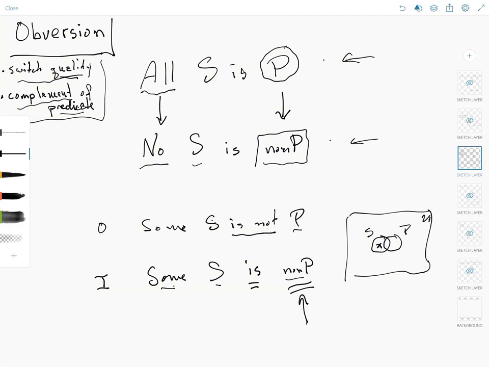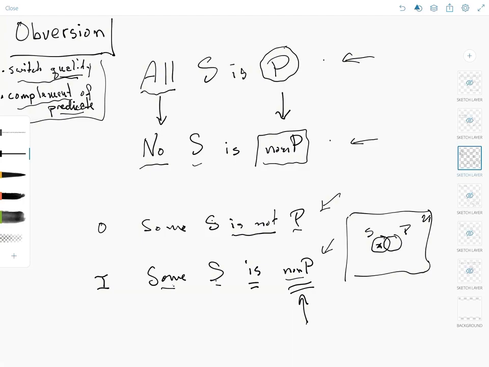So what this proposition is claiming is that there's at least one S, here it is, that is inside a specific set, namely non-P. It's just that non-P happens to be the big set of everything that's outside the P circle. But it's still a set. So we have changed from an exclusion relation to an inclusion relation, but the set that some S is included in is a different set, namely the complement of the original predicate.